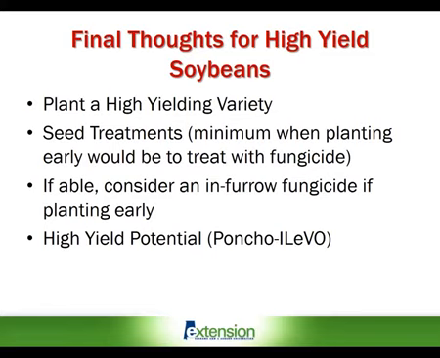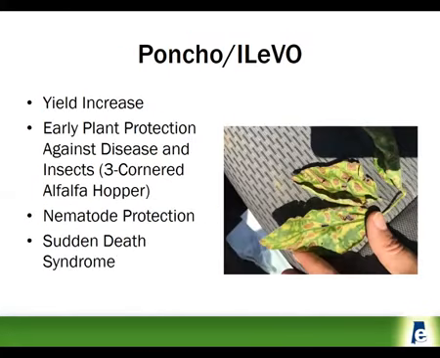Another product that I would look at, and this is for high yield potential, is Poncho Votivo. Now, what Poncho Votivo is, the Poncho is an insecticide, and this insecticide helps us with early season pests.